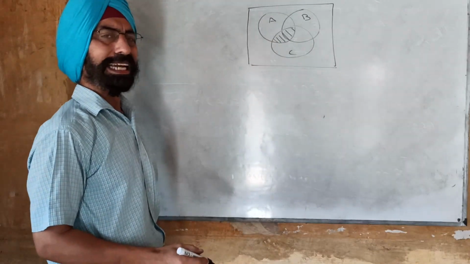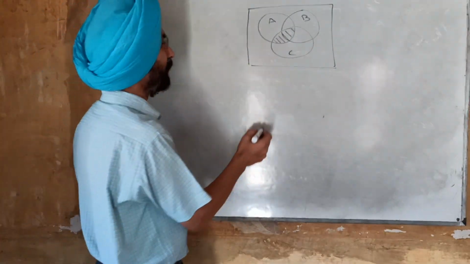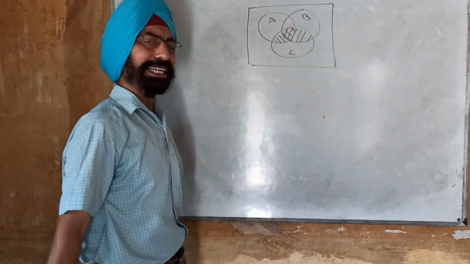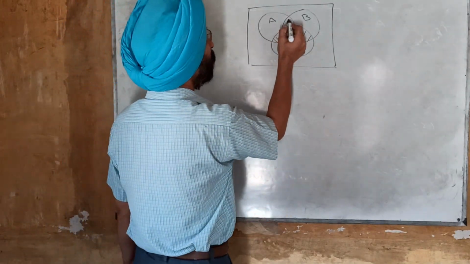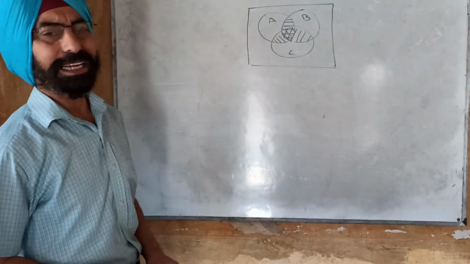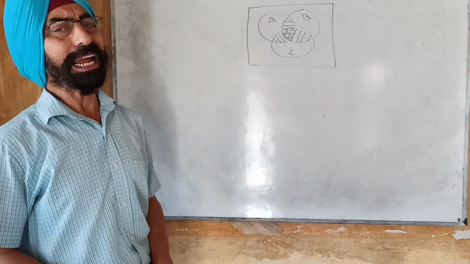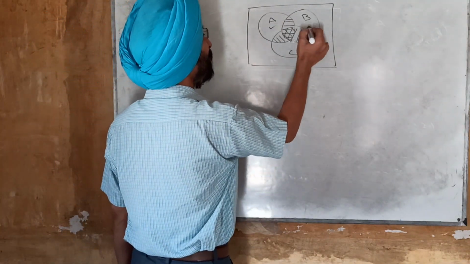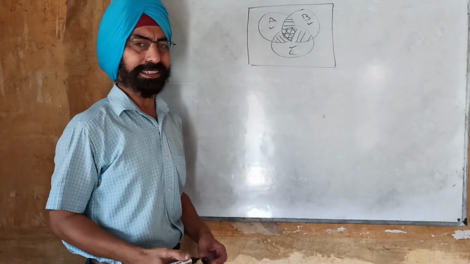This is A intersection with C. Look into this portion. This is B intersection with C. Look into this portion. This is the portion A intersection with B. And if I talk about the union of the three sets, then these three portions will be added.